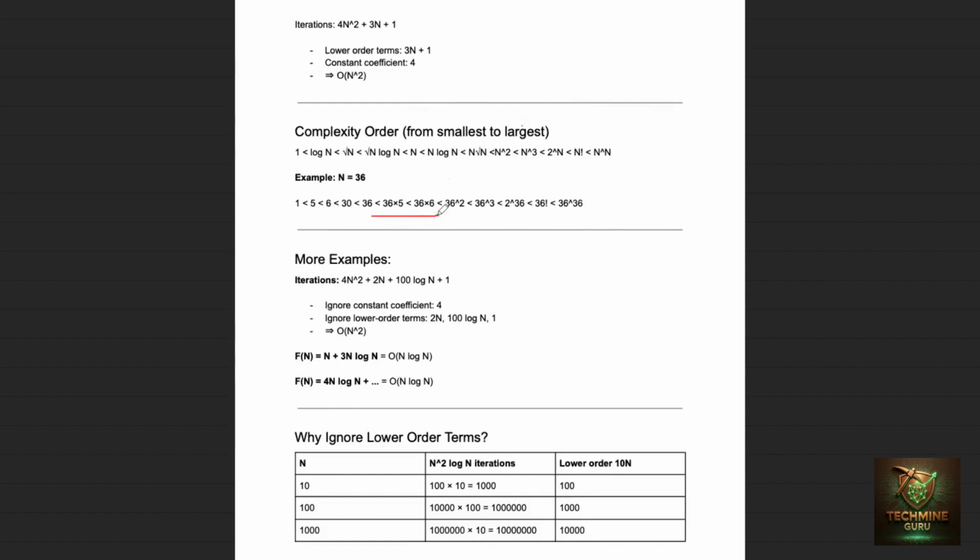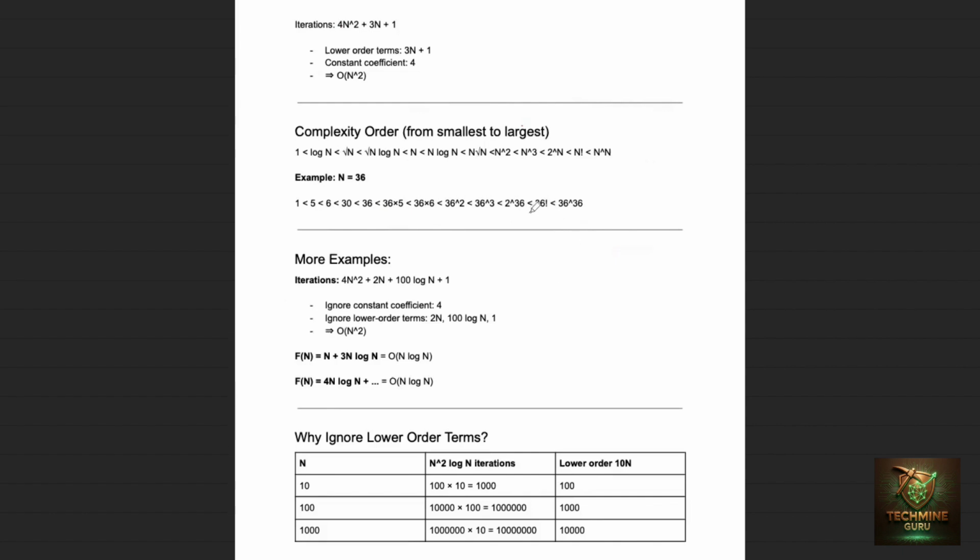36 into 5 is lesser than 36 into 6, which is lesser than 36 into 36, which is lesser than 36 into 36 into 36, which is lesser than 2 to the power 36. Why? Because we learned that 2 to the power 10 is somewhere around 1024, right? So 2 to the power 30 will be 1024 into 1024 into 1024, which is a very big number, right?